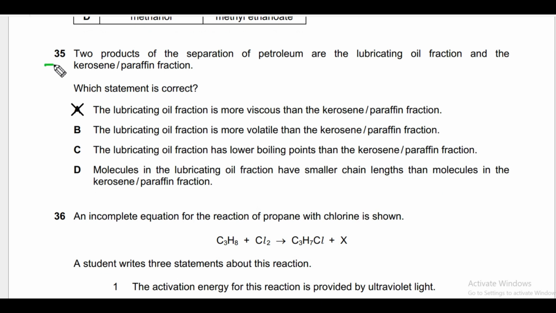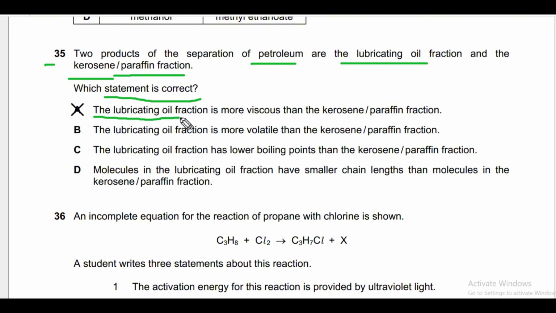(34). Two products of the separation of petroleum are the lubricating oil fraction and the kerosene or paraffin fraction. Which statement is correct?